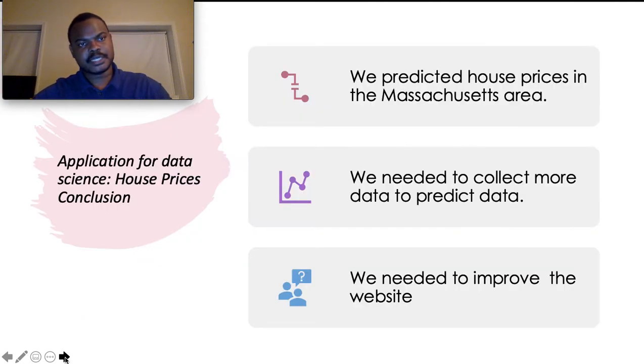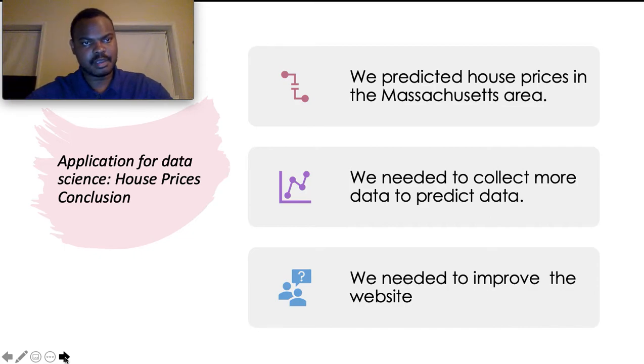For this project, I was able to predict house prices in the Massachusetts area using different regression algorithms. An insight I got from this project was the need to collect more data to make my model better, and I also needed to improve my website. I presented this to an audience and got really good feedback.